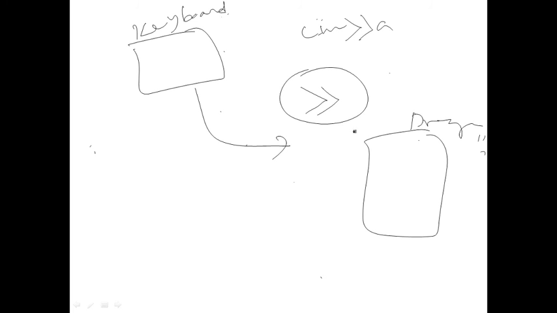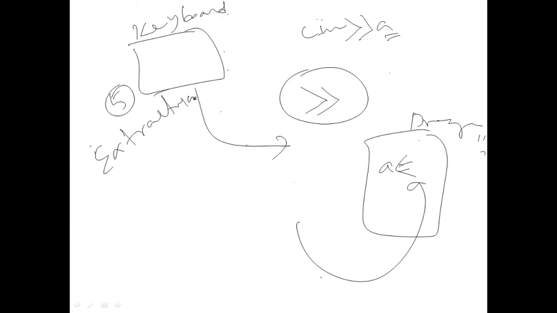From the keyboard, this operator takes the value. Suppose 5 is the value and a is the variable. So in your program, in your computer system memory, it will be put inside, and extracted means extraction. This is called the extraction operator in C++.